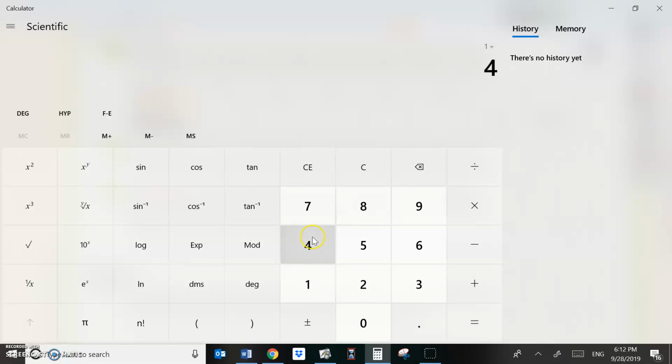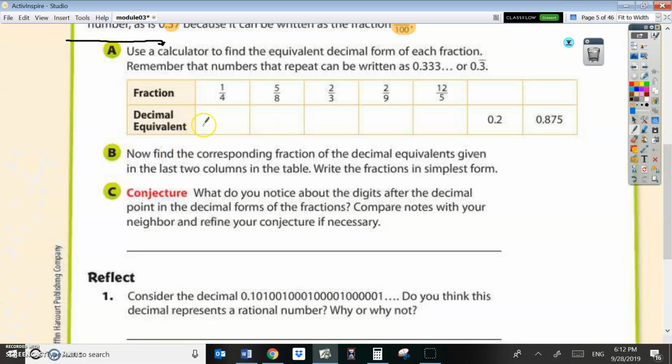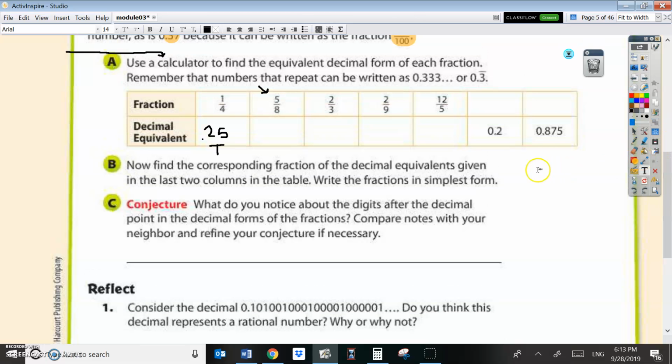One divided by 4. 1/4 is 0.25. Terminate. Now do 5 divided by 8. Remember, every fraction is also a division problem.